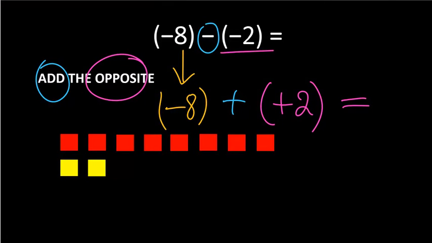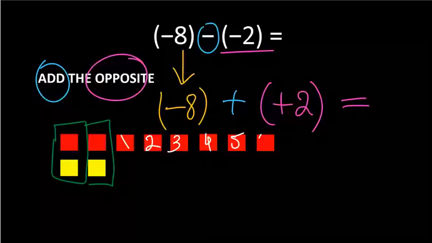Now whenever we have 1 yellow tile and 1 red tile, we always make a 0 pair. So this is our first 0 pair. This is our second 0 pair. Now let's just count the number of tiles that are left. So we have 1, 2, 3, 4, 5, and 6.